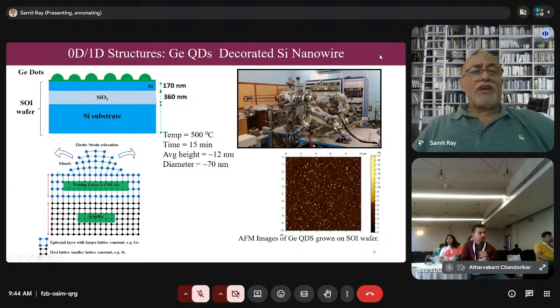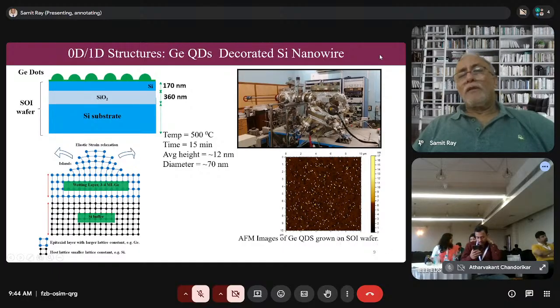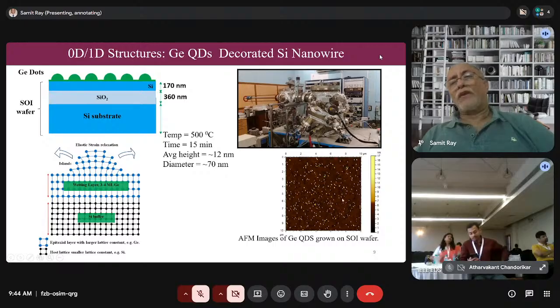Then a lot of strain develops, which gives rise to elastic strain relaxation, known as the Stranski-Krastanov growth. Schematically, by growing at low temperature and high vacuum, you can make germanium nanoclusters like this. You see in the right side the AFM figure.